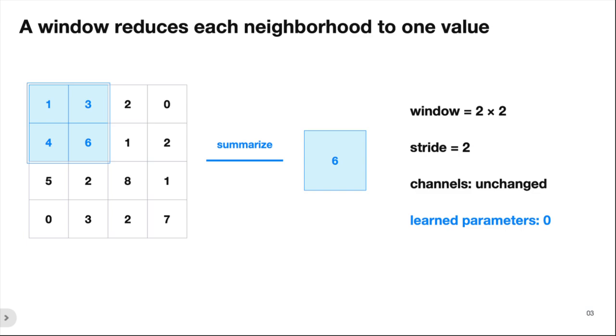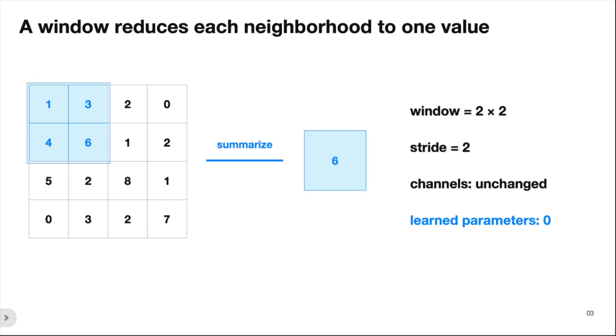A pooling layer uses a window, also called a kernel, and moves it across the feature map, using a stride at every position. It replaces all values inside the window with one summary value. With a 2 by 2 window and stride 2, the windows do not overlap, and each 2 by 2 region produces one output.